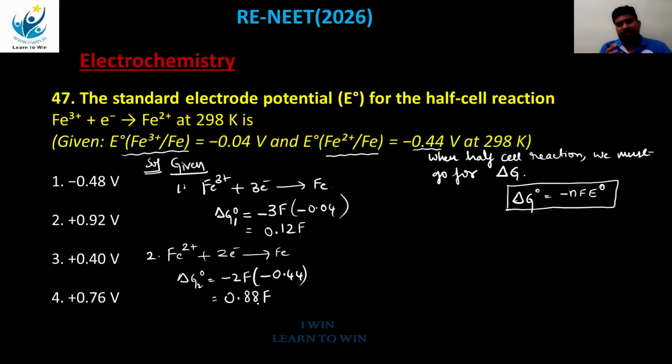Now what we have to do is find out for this one, because the question is asking the standard electrode potential for the half cell reaction for the given reaction. So what is that reaction, my dear students? Let me change the color.